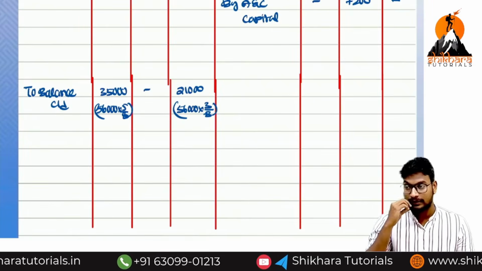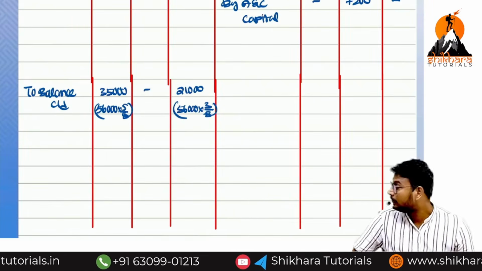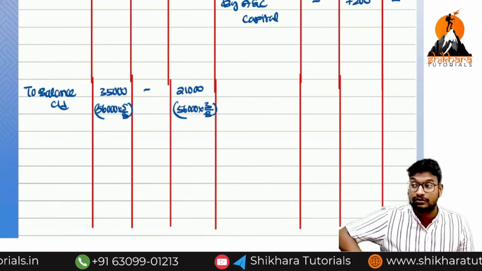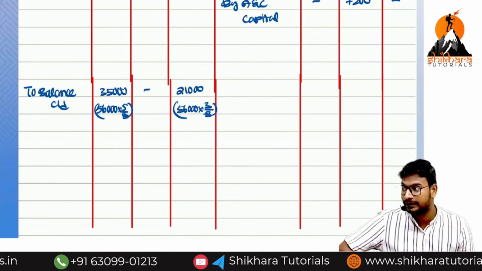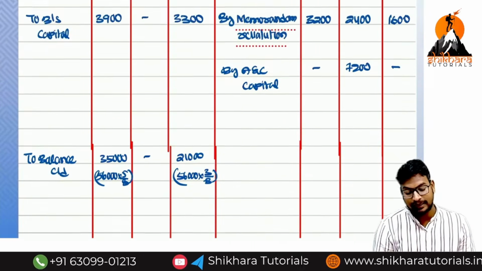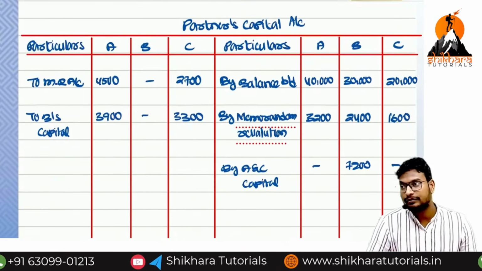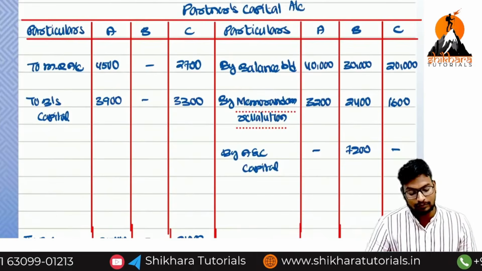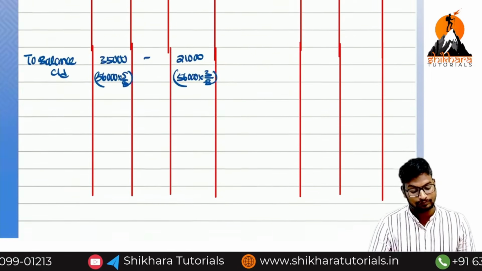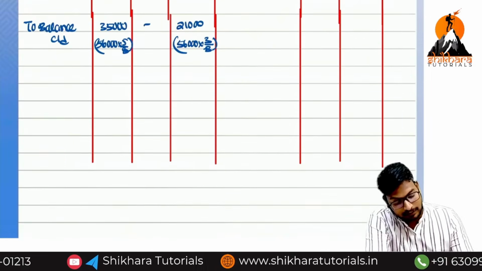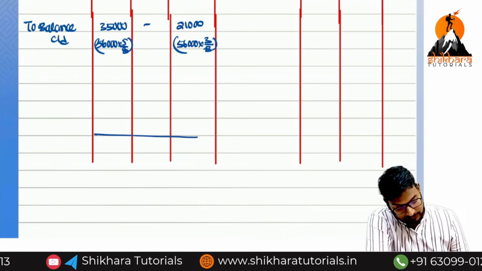Okay, Amma. They have told us about settlement or not. So now any balancing figure related to B, we need to show as a loan account. So close all the accounts.